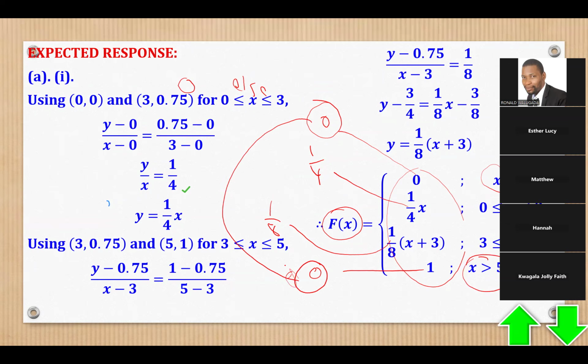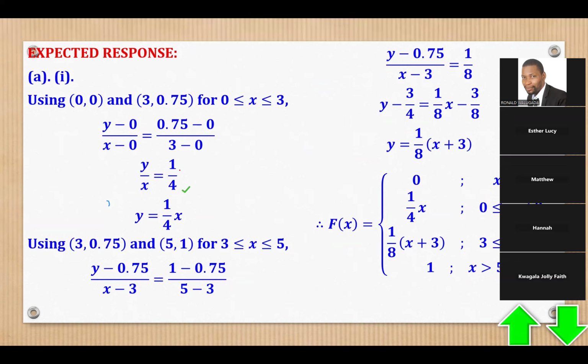So if I want to write small fx, I'm going to differentiate a quarter x to get this. Differentiate 1 over 8 in brackets x plus 3 to get 1 over 8. Now these two are combined into one and I call it 0 elsewhere, like that. Others use the word otherwise. It is okay.